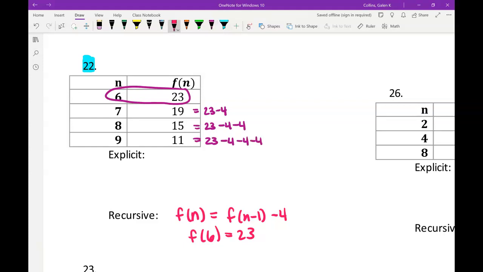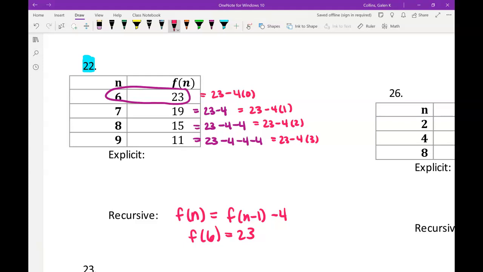So if I condense my repeated subtraction, or let's think of this as repeated addition of -4, this is like 23 minus 4 one time. This is 23 minus 4 2 times. This is 23 minus 4 3 times, which must mean that this is 23 minus 4 0 times.